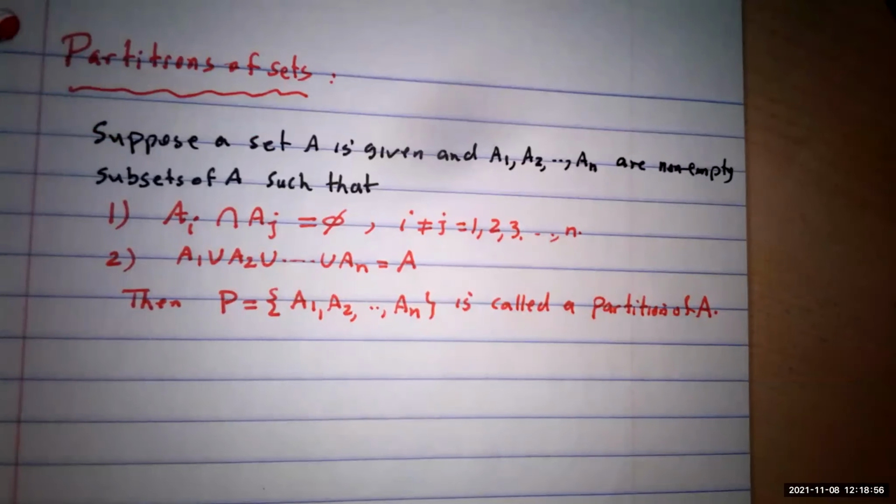So we break A into smaller sets, and if they have this condition, we call it a partition of the set.